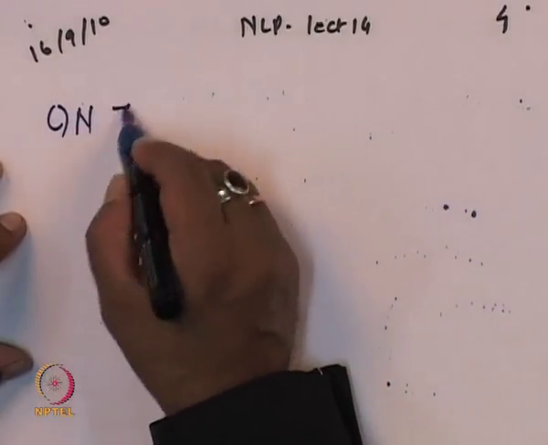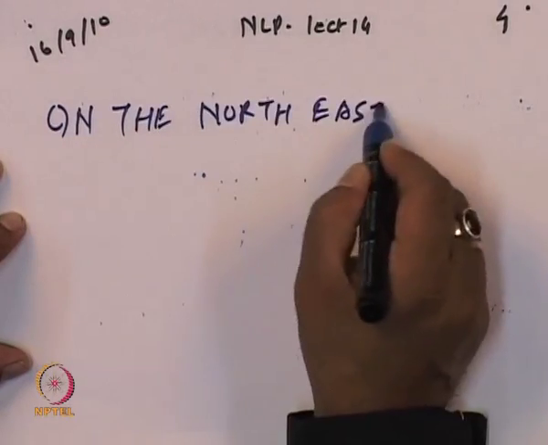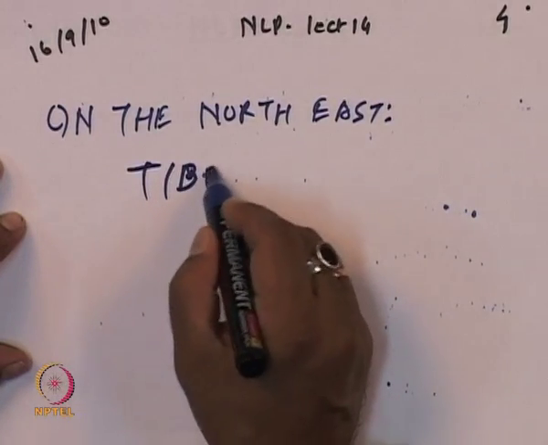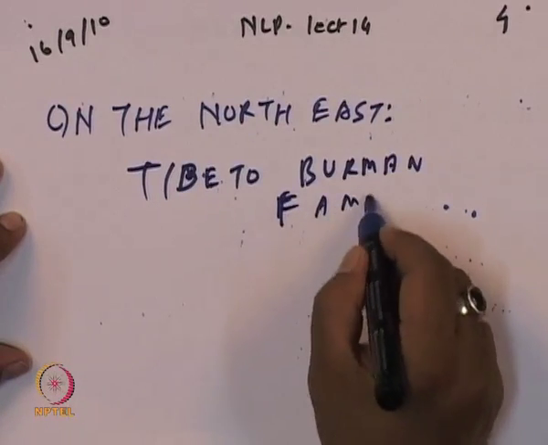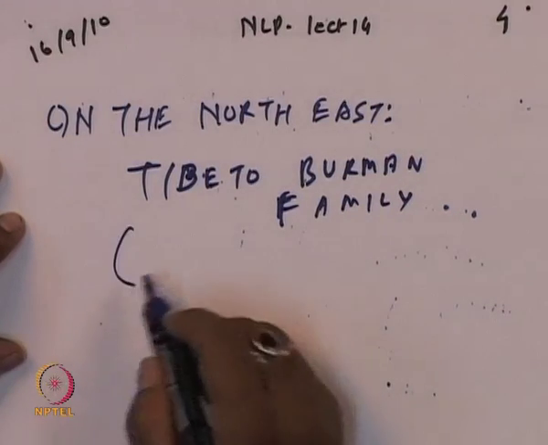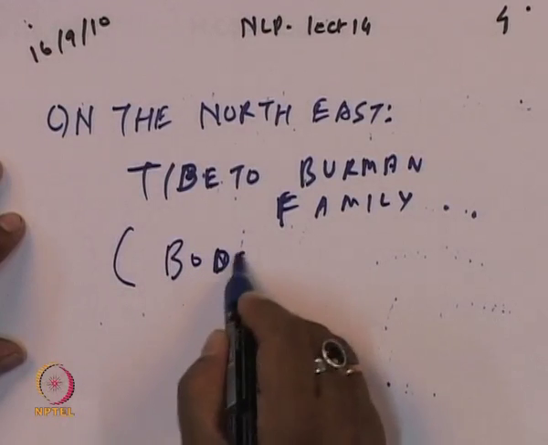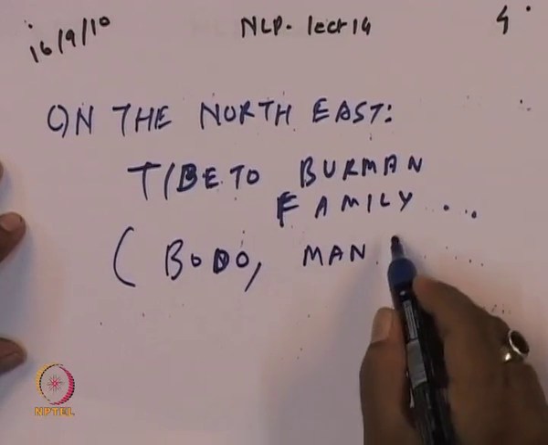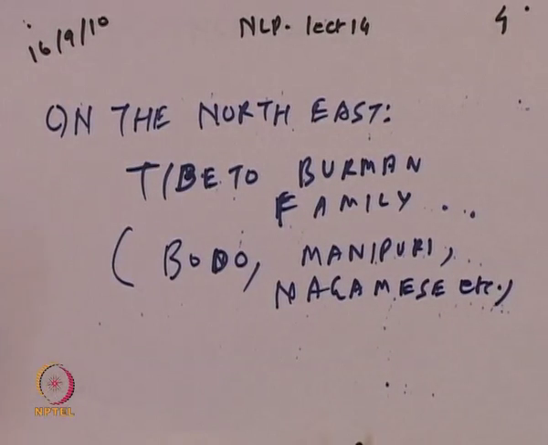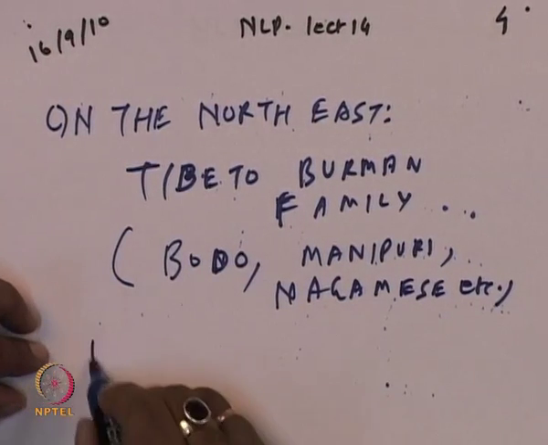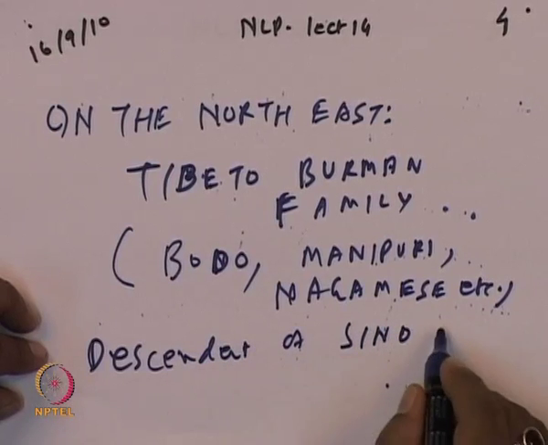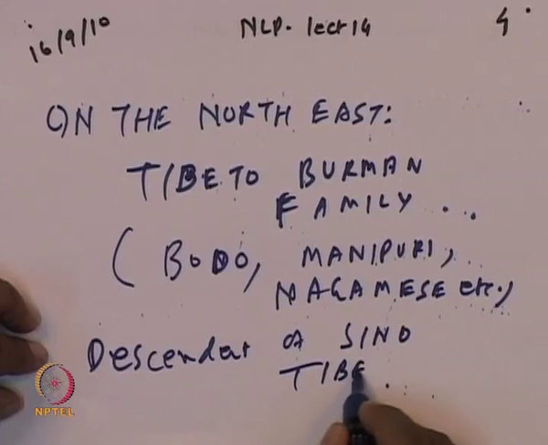On the northeast, we have the Tibeto-Burman family. In this Tibeto-Burman family, the prominent members are Bodo, Manipuri, Nagamese, etc. These are Tibeto-Burman family, descendant of the larger Sino-Tibetan family.